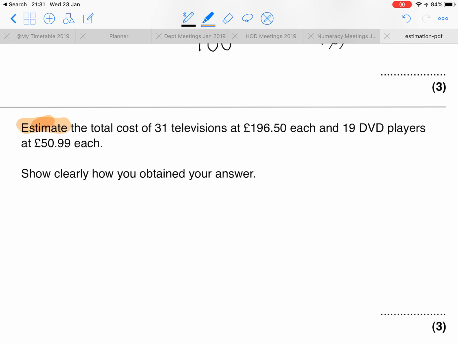Estimate, keyword. The total cost of 31 televisions, 19 DVD players.